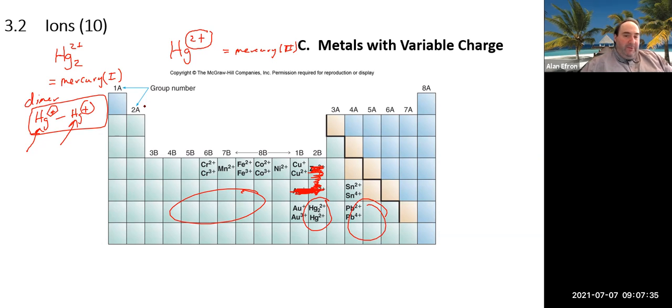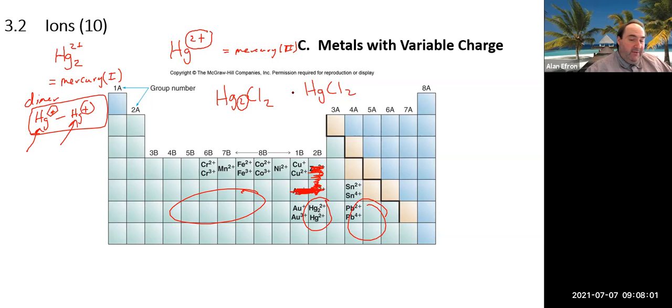How do you know which one's which in a formula? Well, typically speaking, for example, this is mercury 1 chloride. This is mercury 2 chloride. And the difference is mercury 1 has that 2 on the bottom usually.